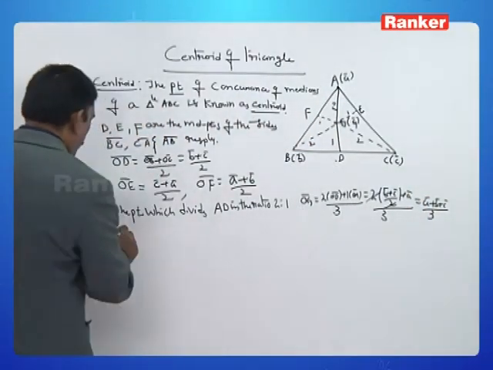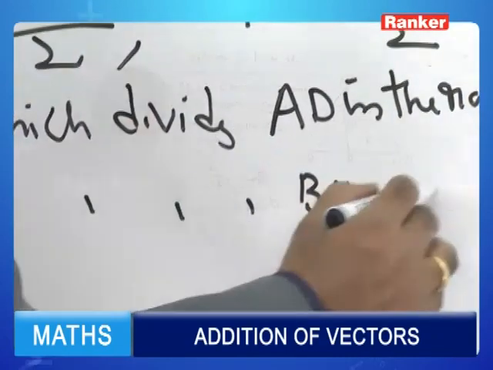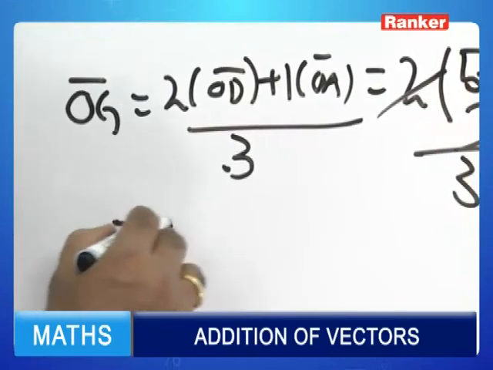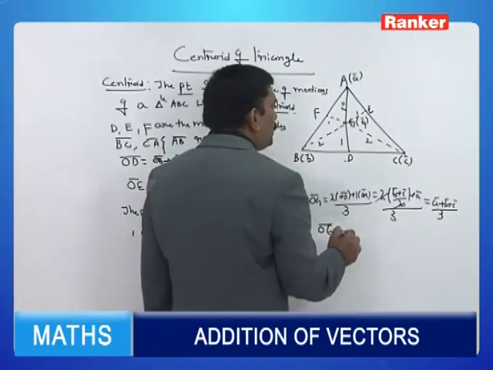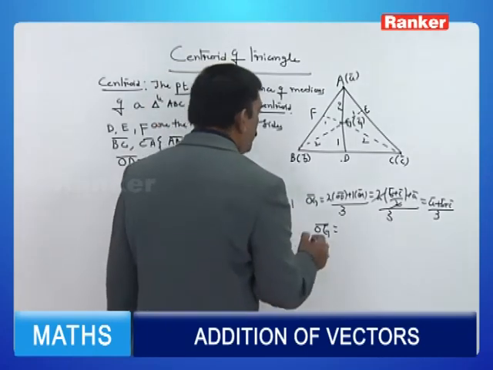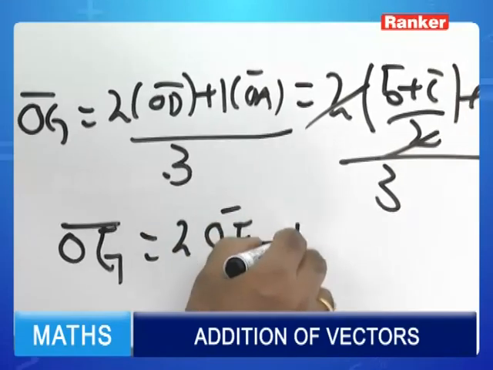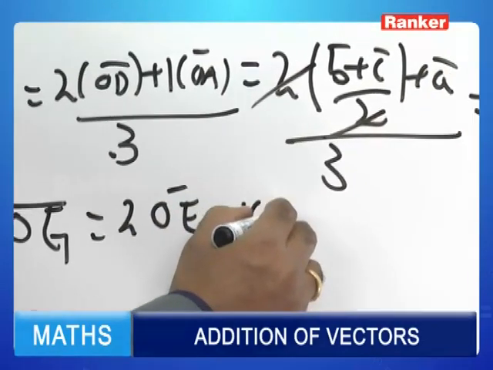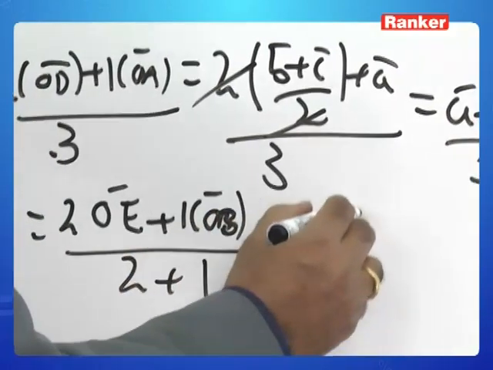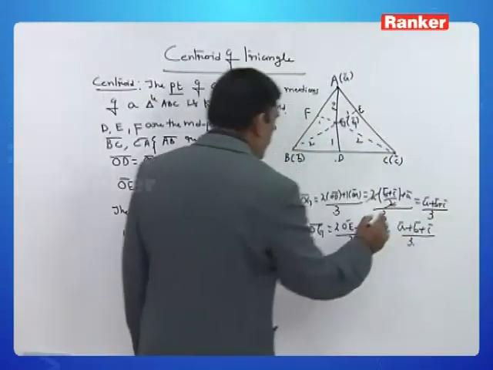now the point which divides in the ratio. Now look at 2 into OE bar plus 1 into OB bar whole divided by 2 plus 1. You will get once again A bar plus B bar plus C bar by 3.